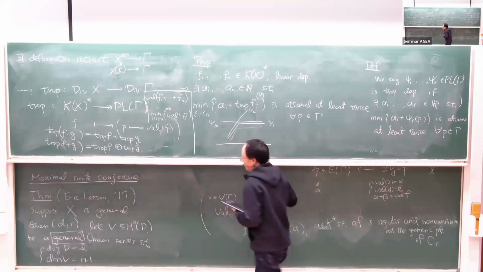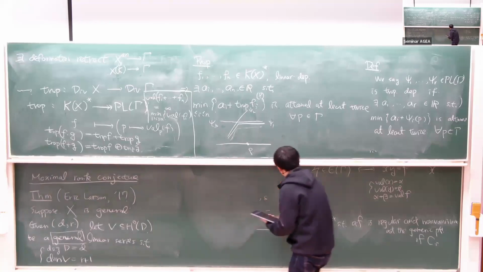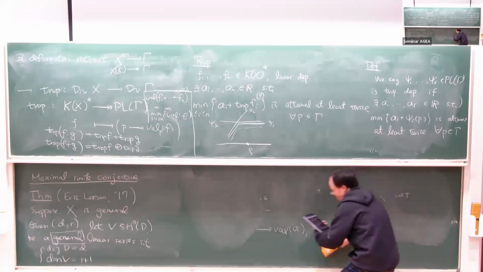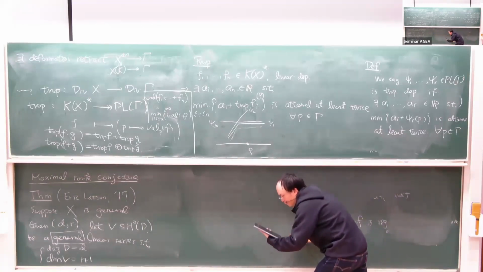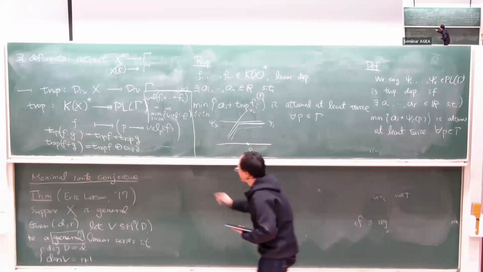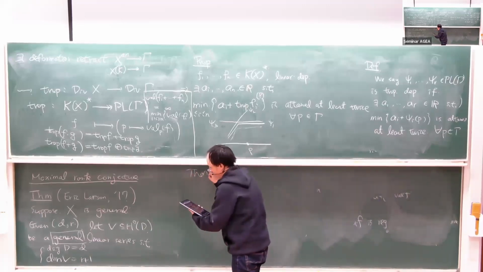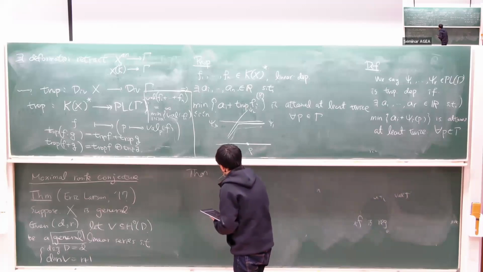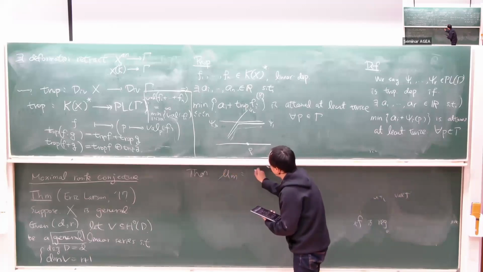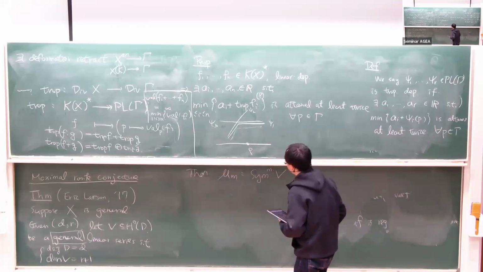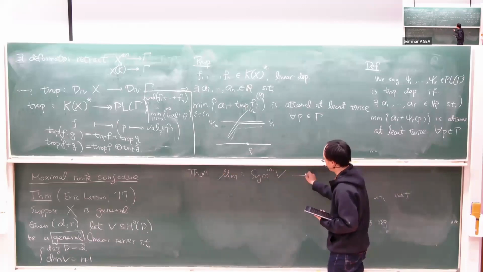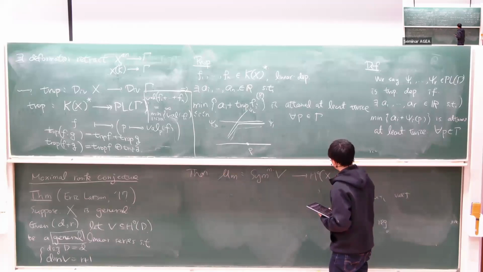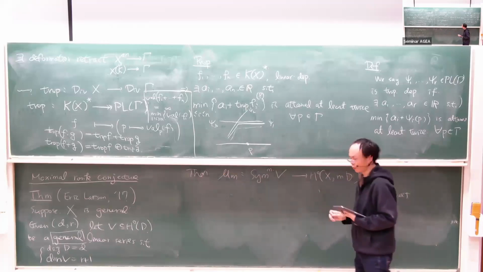So the statement is the following. We have the natural map from the symmetric power of V to the complete linear series of D, right?